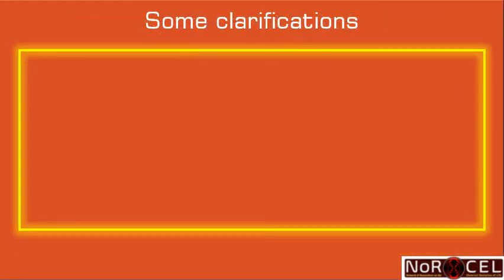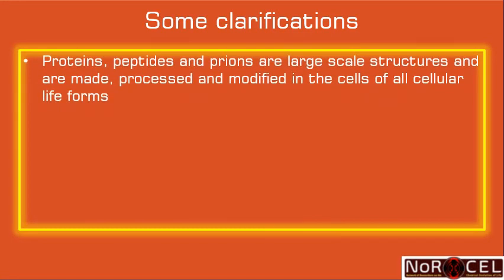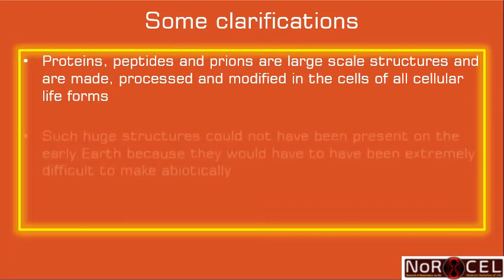Let me make some clarification in relation to large molecules. Proteins, peptides, and prions are large-scale structures and are made, processed, and modified in the cells of all cellular life forms.